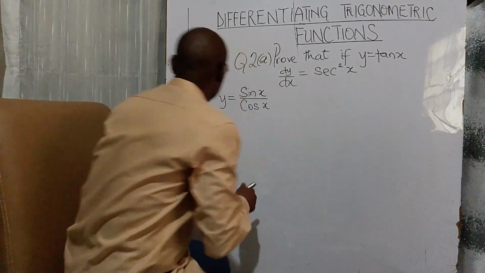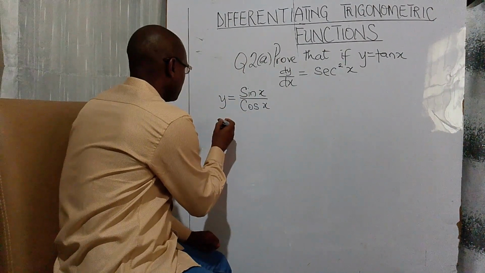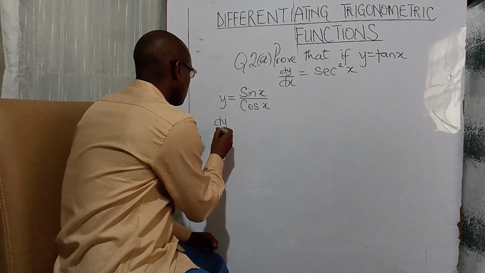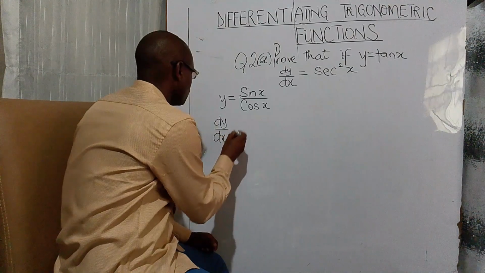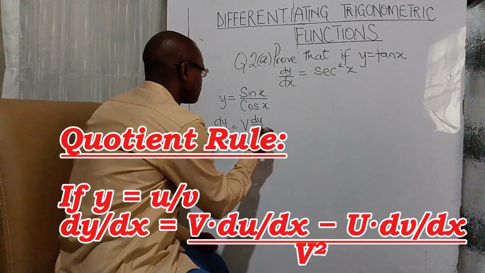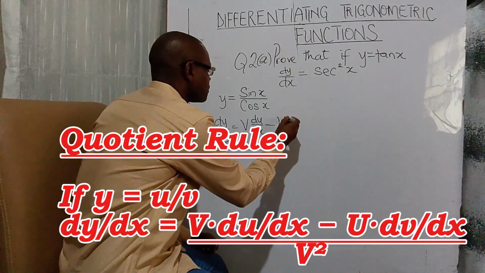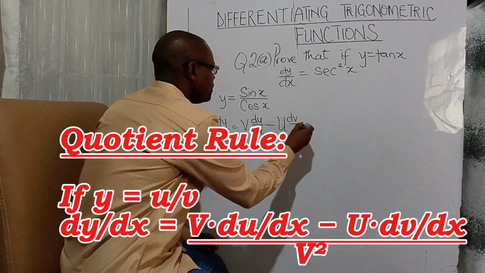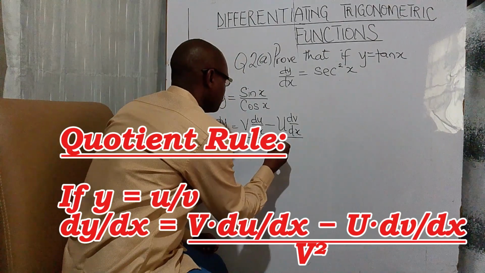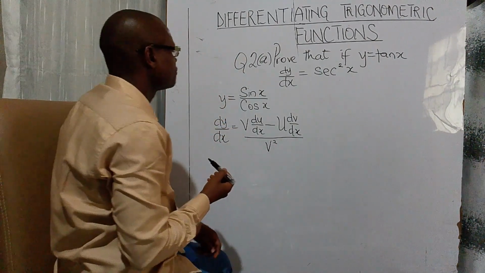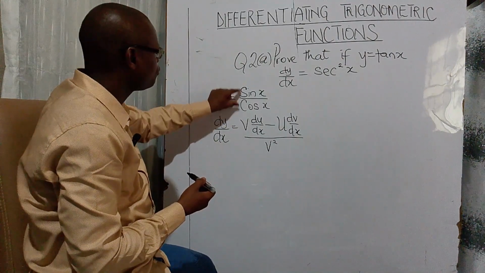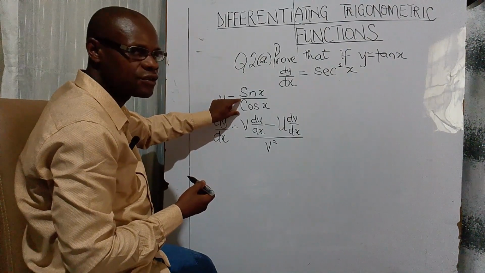Now, if you can remember from our last video, to apply quotient rule, what we have is v du dx minus u dv dx, everything divided by v squared.